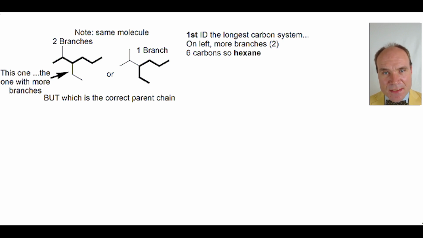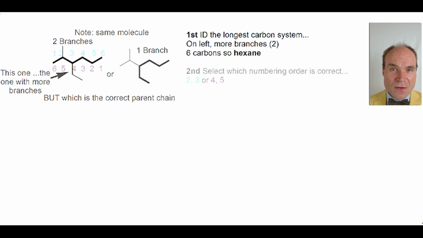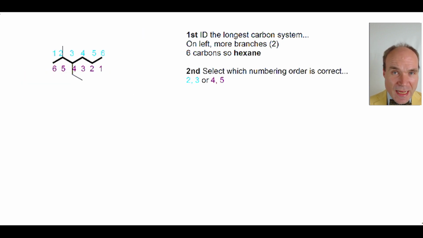The next thing we need to do is to identify the position of the branches, or the functional groups that are attached to the parent chain. We can number from left to right, or alternatively, we can number from right to left. But which is correct?